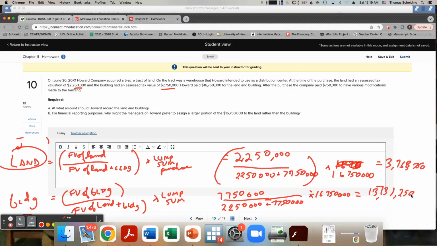So there's no depreciation on the land, and as a consequence, we wouldn't want to assign depreciation to the land. It would need to all go to the building.